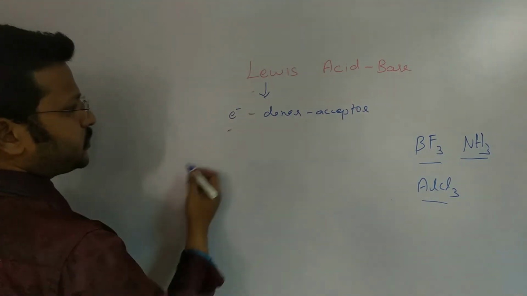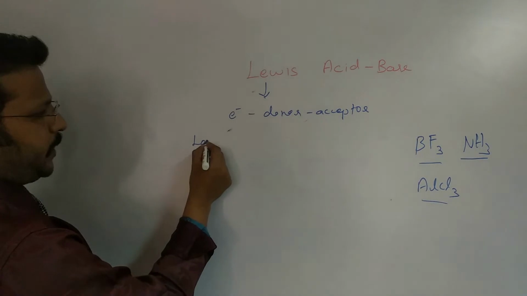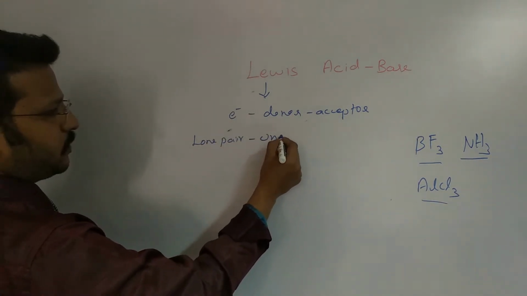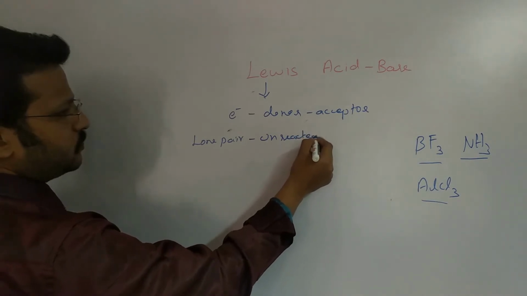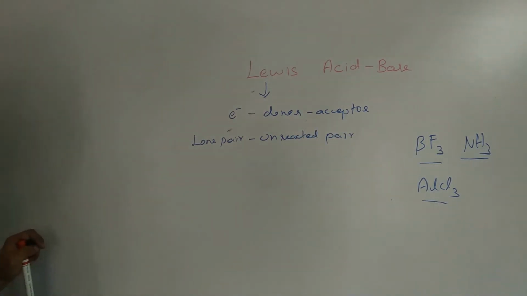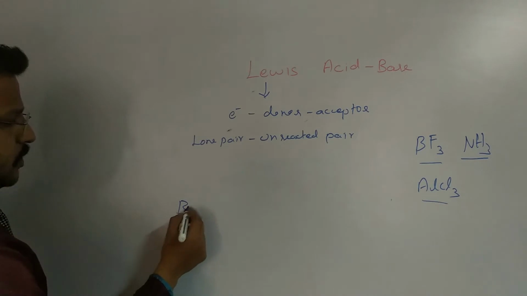A pair of electrons that is unreacted is called a lone pair, and it will be donated from a central atom or accepted by a central atom. For example, take BF3.